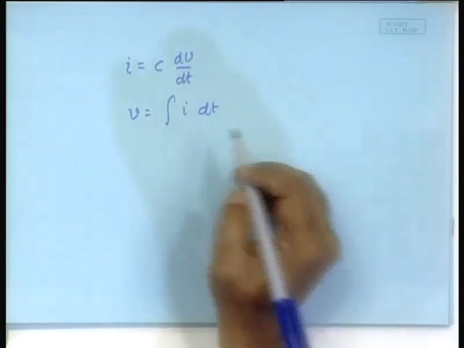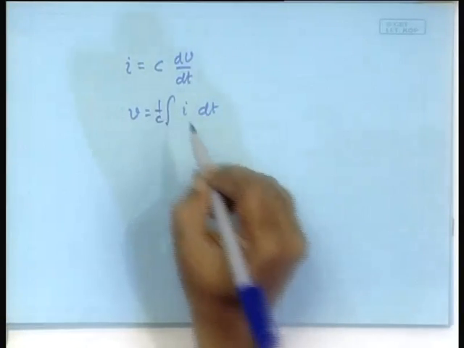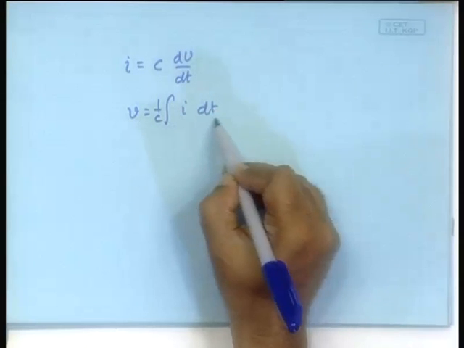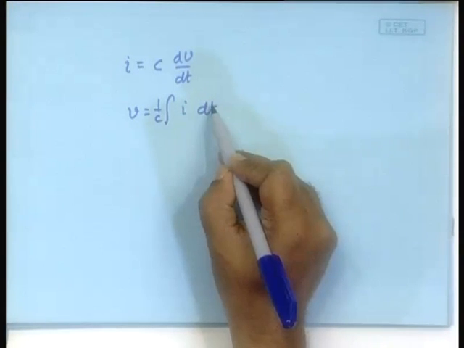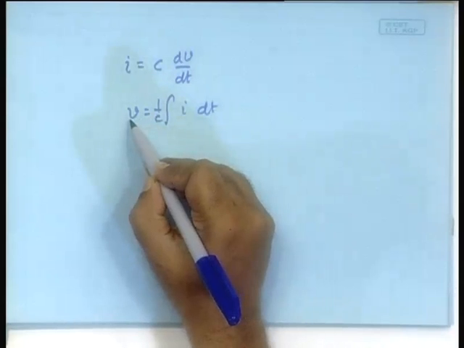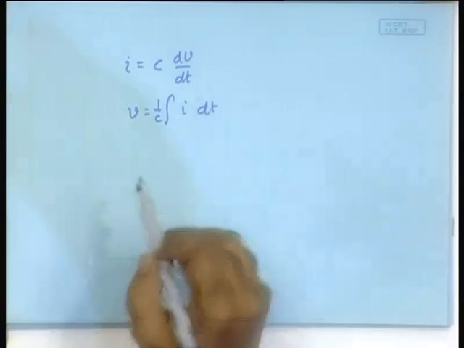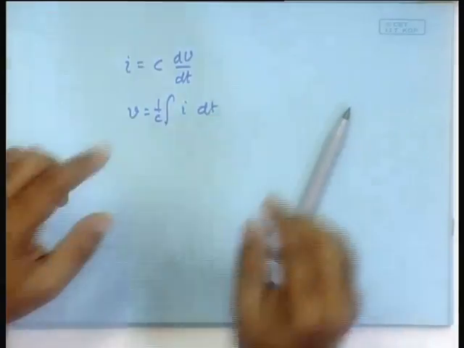Okay. So, the history of the current determines the present voltage. Now, normally in a capacitor, its current determines its voltage.